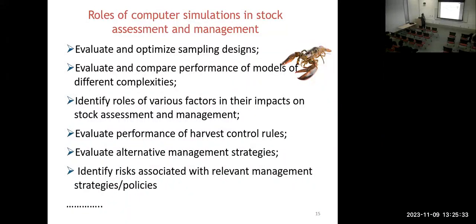One is you can evaluate and optimize sampling designs, and you can evaluate and compare the performance of different models. You also can identify the roles of various factors, how they may affect the stock assessment and management. And then you can evaluate the performance of different harvest strategies, or harvest control rules as we call them, used in fisheries.